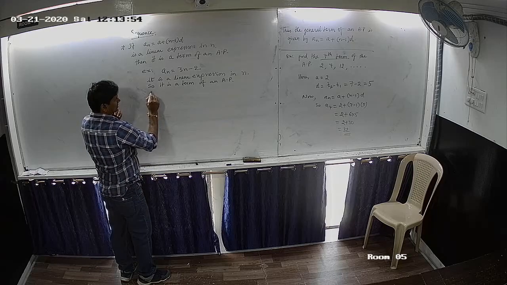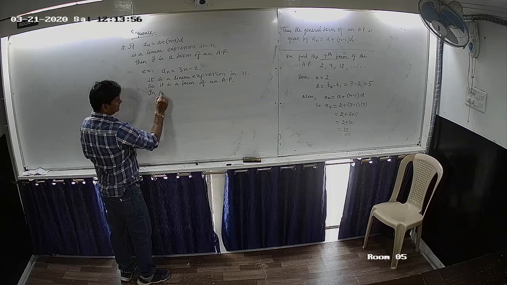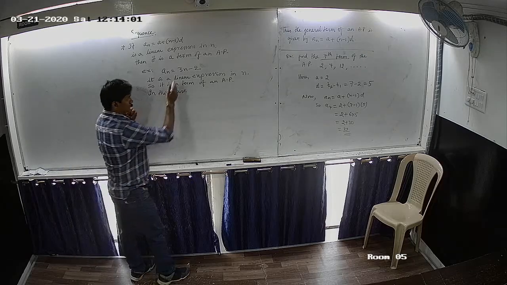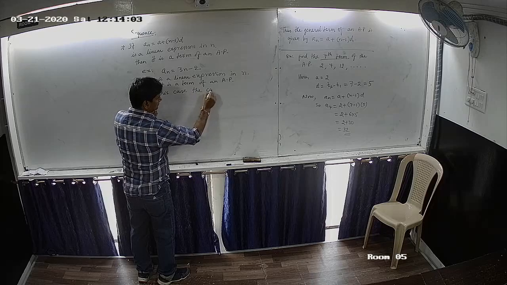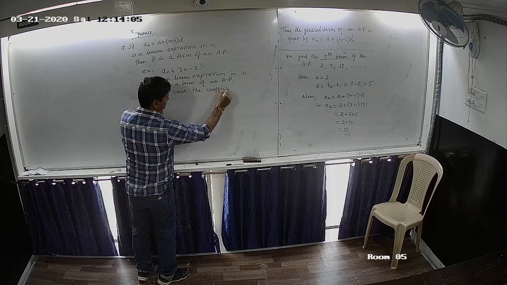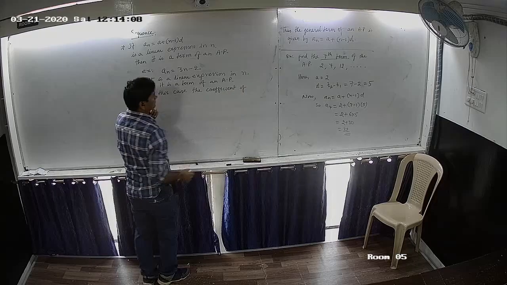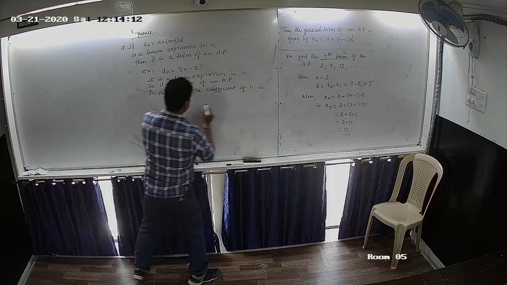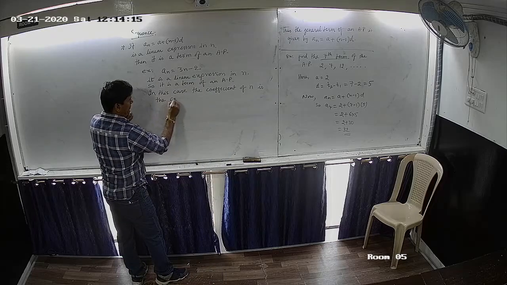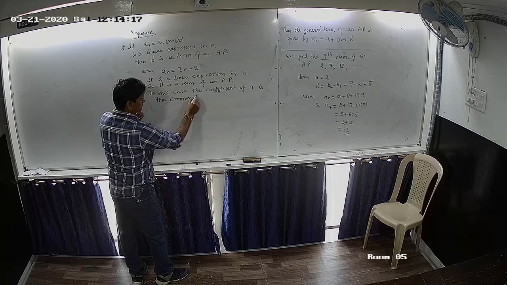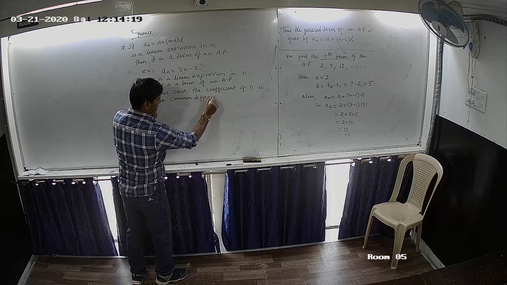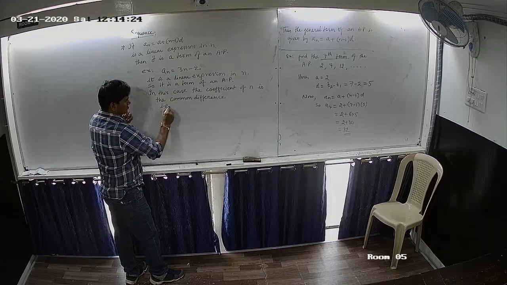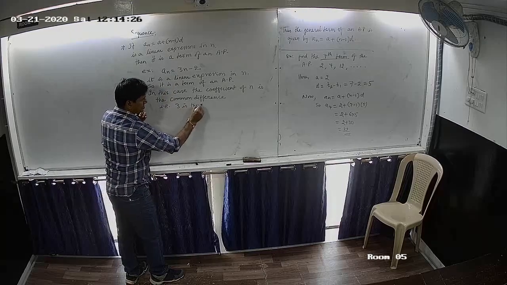Further, in this case, the coefficient of n is the common difference. That is, here it is 3. That is, 3 is the common difference.